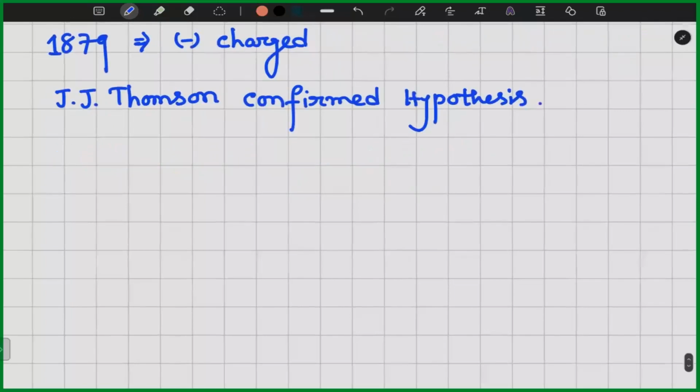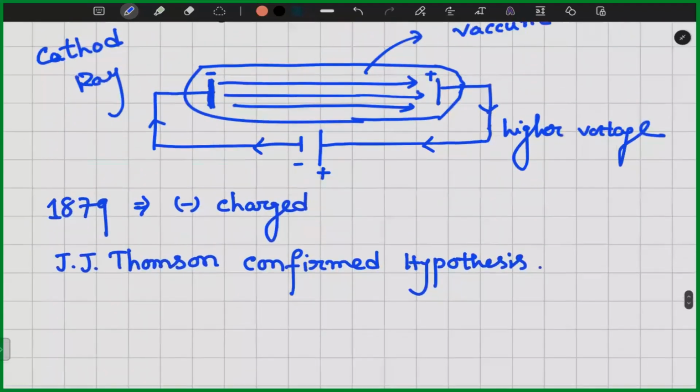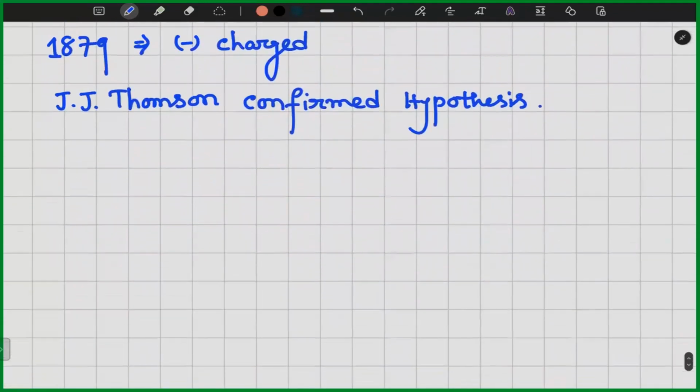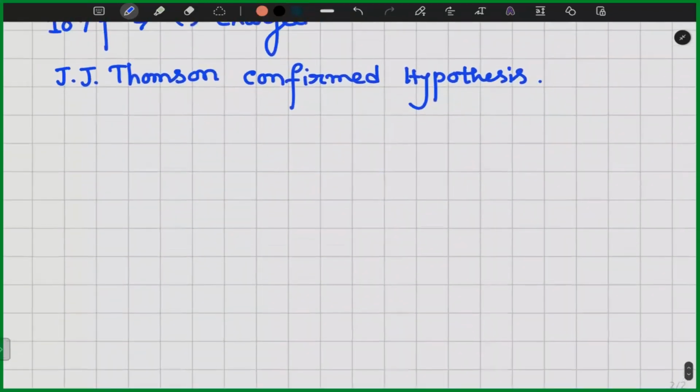Now, how can we identify the nature of the particle, because we don't know anything about it. We just know that it is negatively charged. Applying a higher voltage, these particles emit from the cathode and approach the anode. These features we only know. Now we have to identify what the particle actually is.